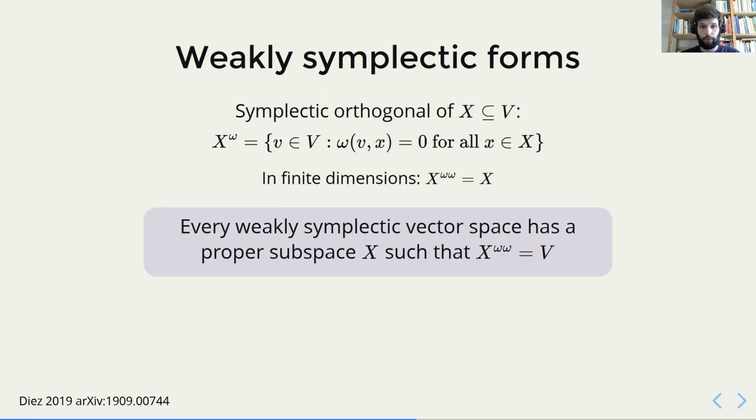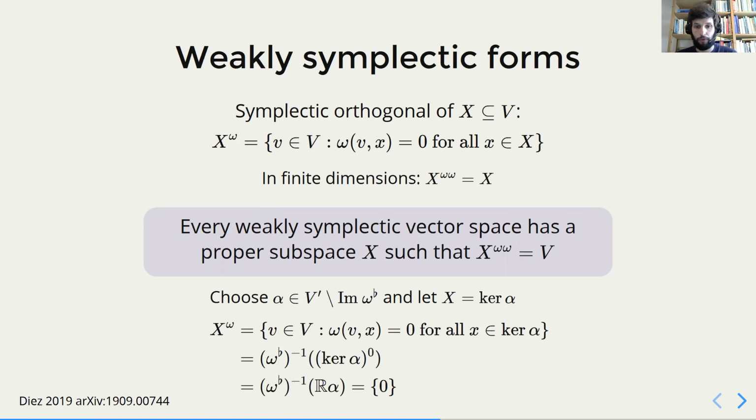And the proof is actually not that hard. So let's look at it. Because our symplectic form was only weakly symplectic, there exists a non-vanishing element of the dual space, which is not lying in the image of this omega flat. And then we can choose X to be just the kernel of this one form.